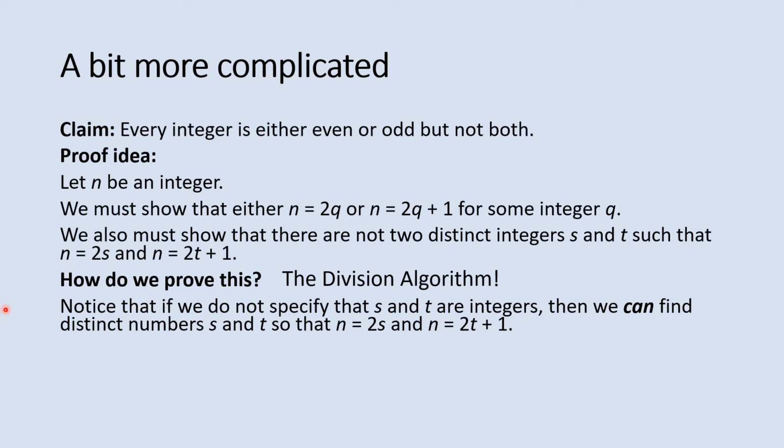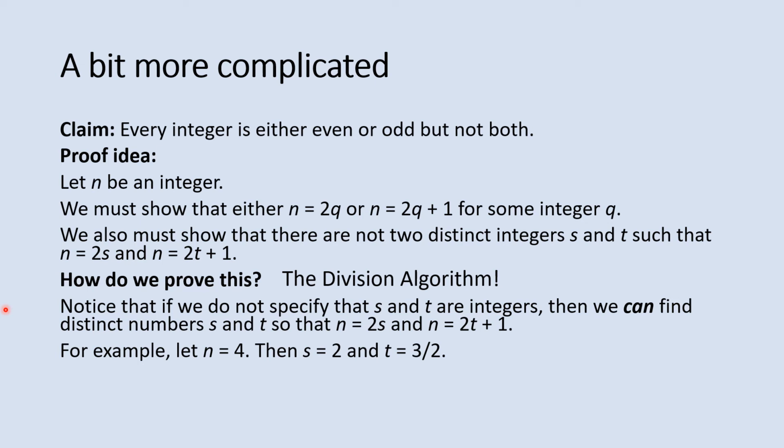Now, if we did not specify that s and t are integers, then it turns out that we can find distinct numbers s and t, so that n is equal to 2 times s and the same n is also equal to 2 times t plus 1. And so, for example, if we let n equals 4, then s is 2, and t could be 3/2.